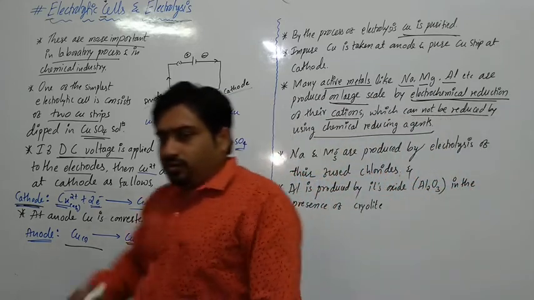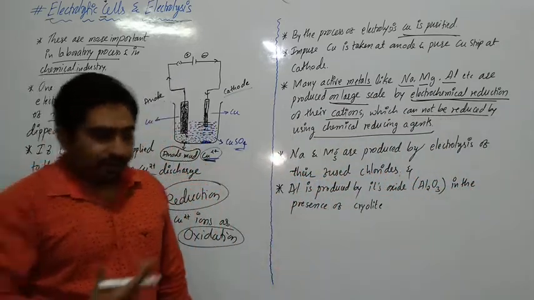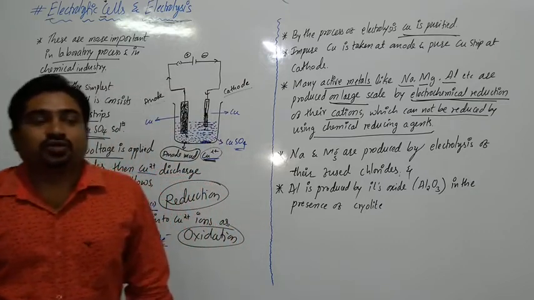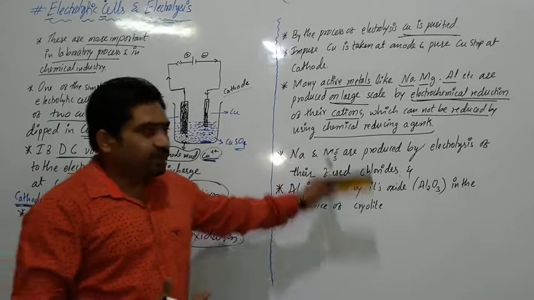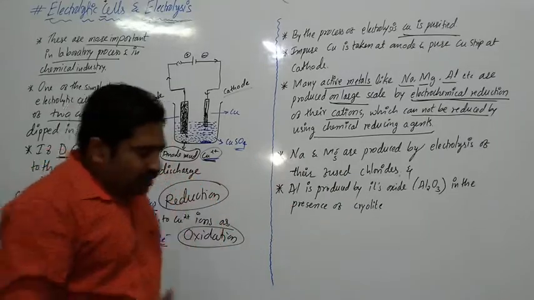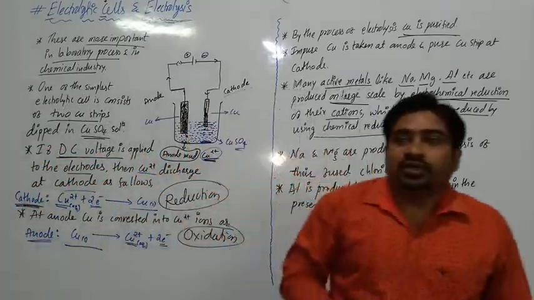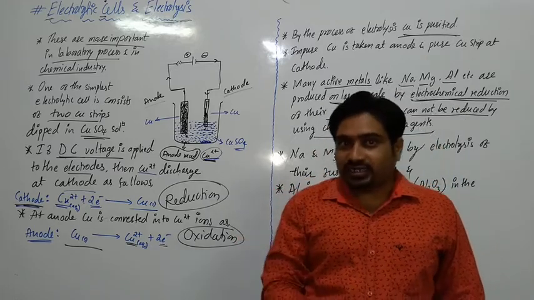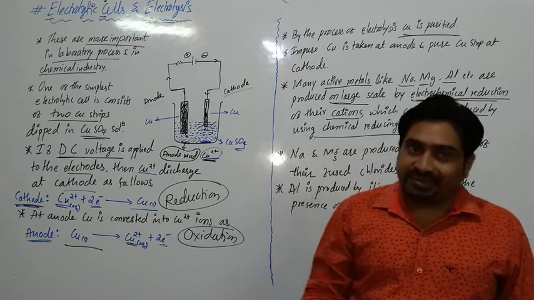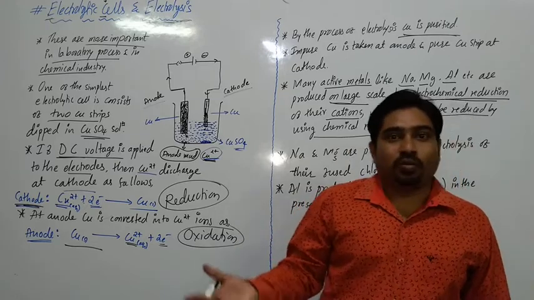To prepare or purify a metal, we go for metallurgy. I think you must be aware of metallurgy. In metallurgy, we use chemical reducing agents like coke, carbon monoxide, carbon dioxide to reduce some metals like iron, chromium, cobalt, nickel.